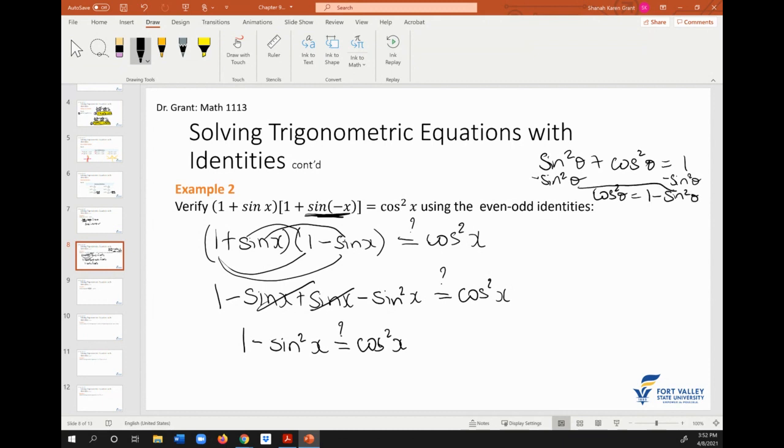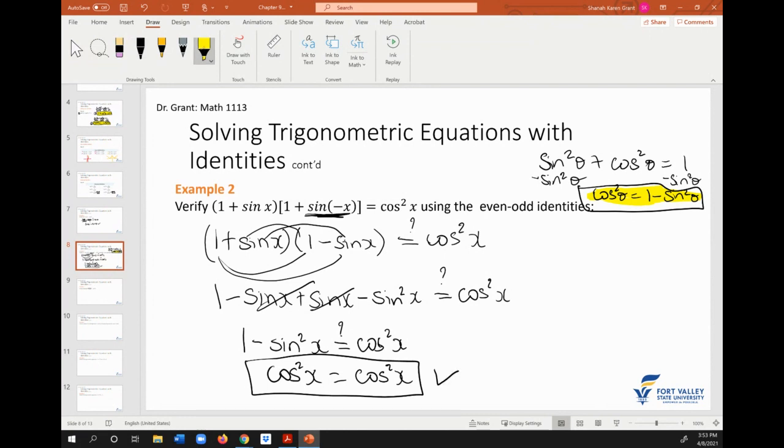This is also a good thing to make note of. So that means that on the left-hand side, I have 1 minus sine squared x, which is cosine squared x on my left as well as cosine squared x on my right. So that means that this has been verified.